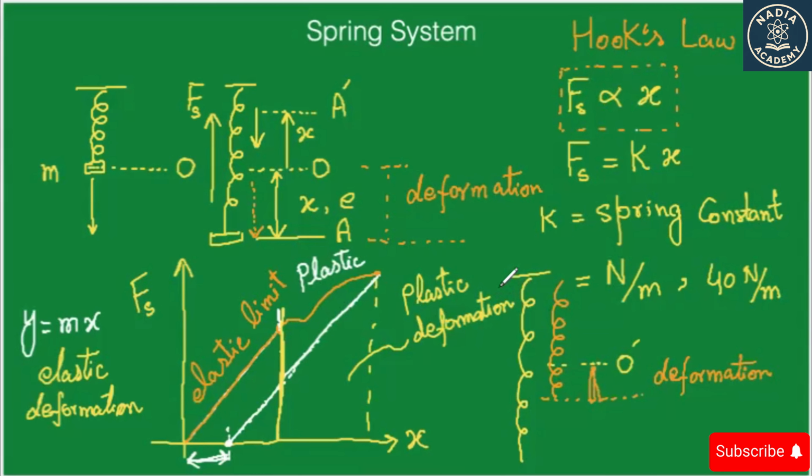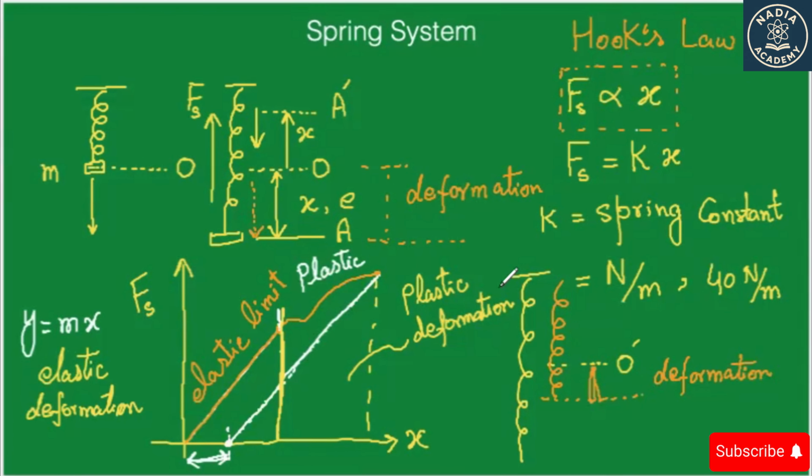Now, what have we discussed so far? We discussed that the system can have elastic deformation or plastic deformation. Elastic deformation is when the system's force-extension graph is linear, meaning that the force and the extension are directly proportional to each other.